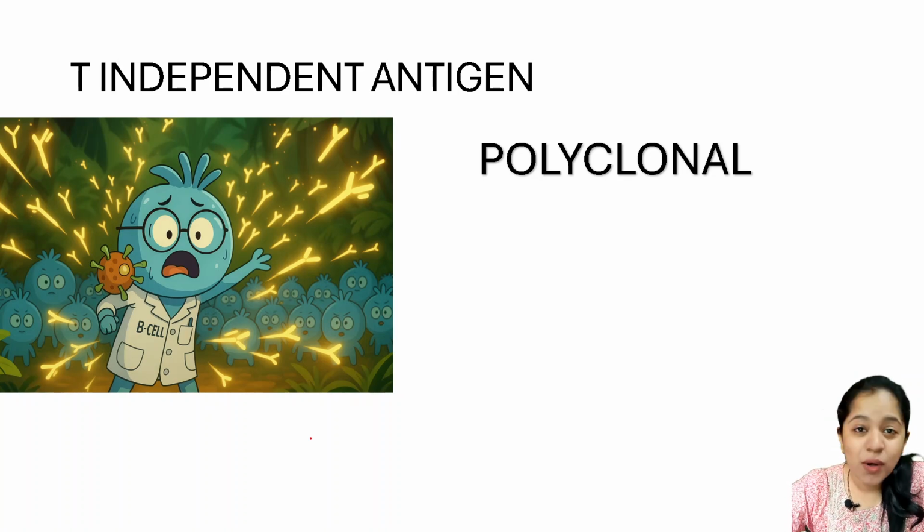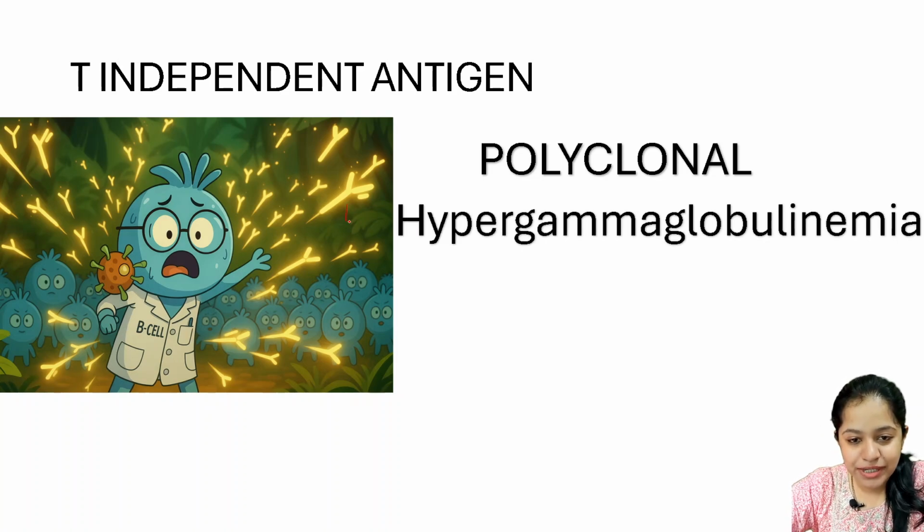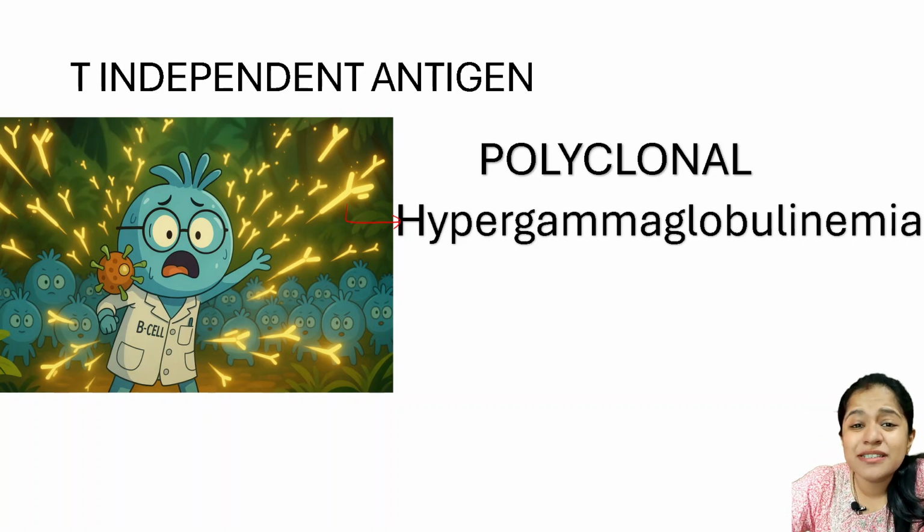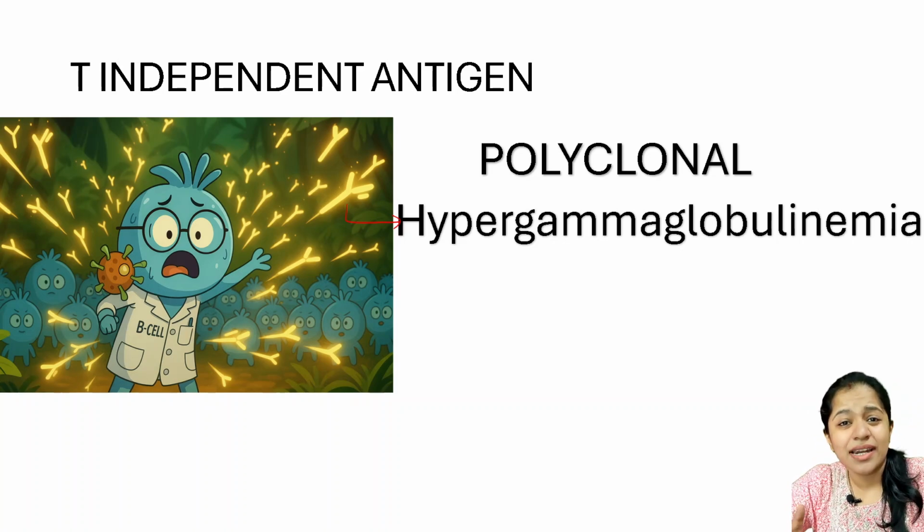What will polyclonal B cell activation lead to? Hypergammaglobulinemia. Okay, hypergammaglobulinemia, that is non-specific antibody production, sky high level of antibodies, but it's not targeted. Okay, it's like spraying bullets everywhere without actually hitting something. Clear? This was your T independent antigen.